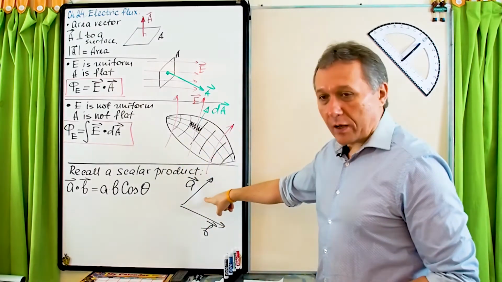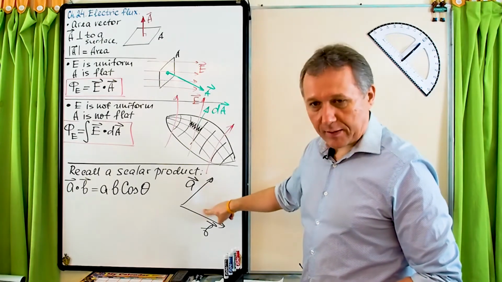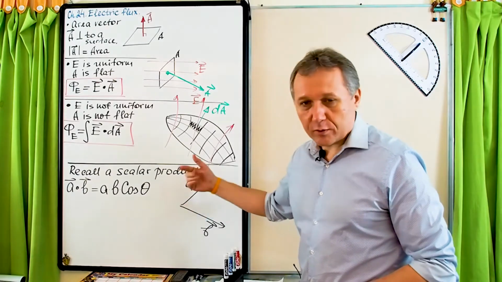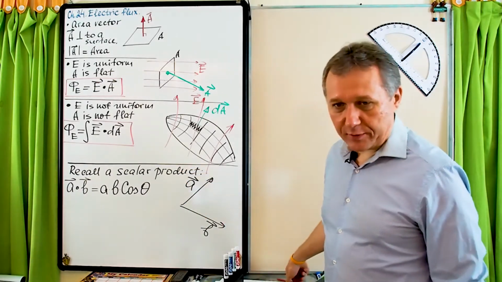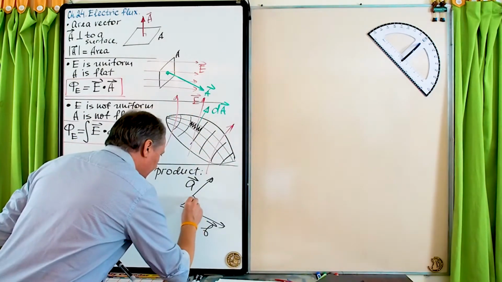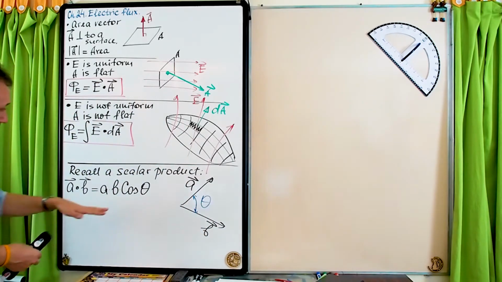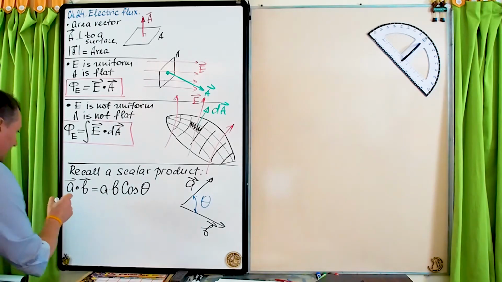So the way I drew these two vectors, this is the correct angle, because the tail of vector A is over there and the tail of vector B is also at the same point. So let me show, this is theta, the correct angle. So that's one way of finding the dot product.